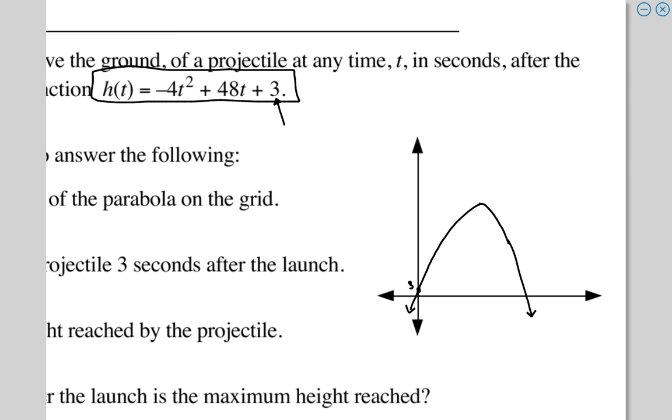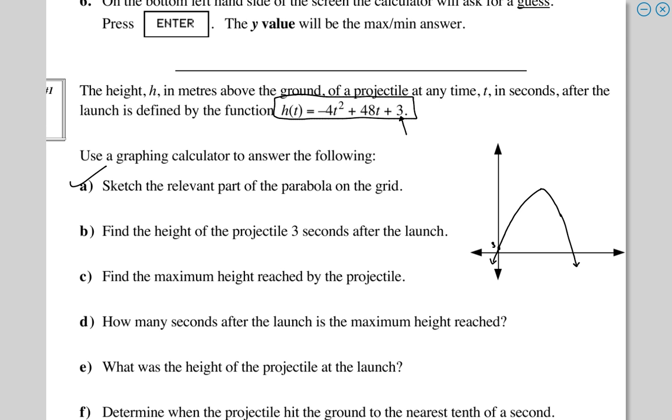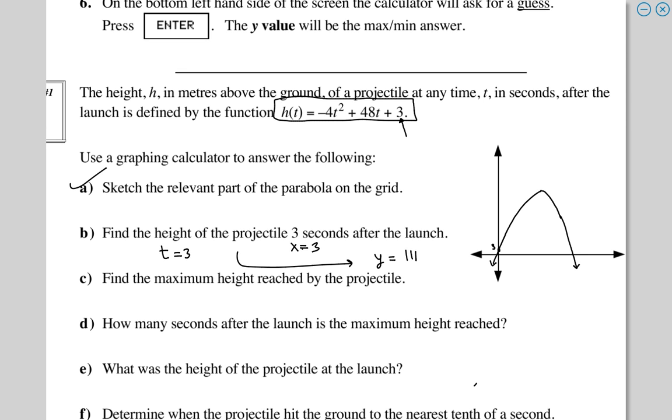Okay, and then for letter B it says what happens when t is 3, or in other words, when is x 3? This gave us a y value. What was it? 111. So you had this point over here, 3 comma 111.